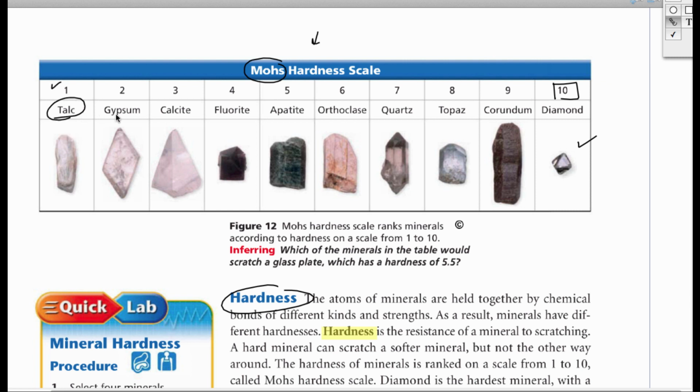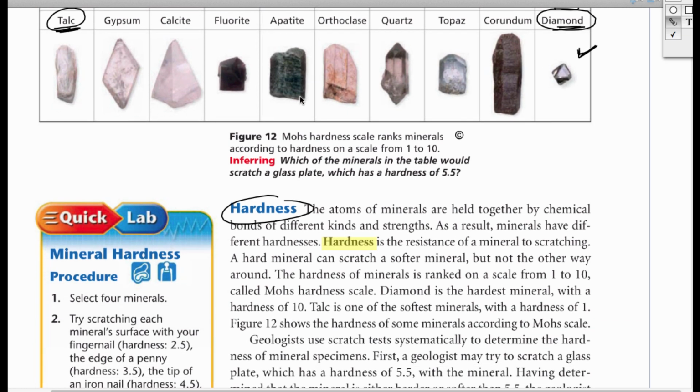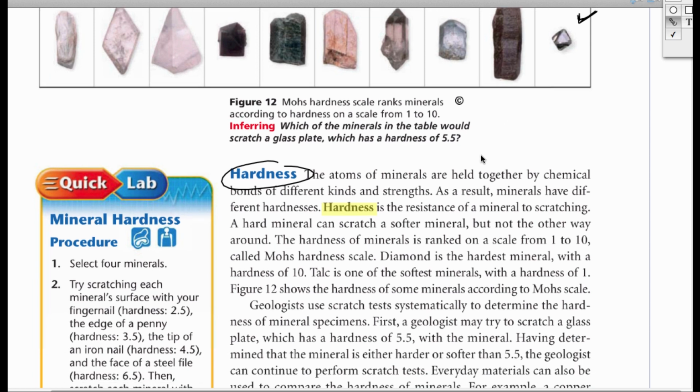You should know that talc is one of the softest minerals, diamond is one of the hardest ones, and then there's a bunch in between. Talc would be like talcum powder. A diamond obviously can be used in a blade if you want to cut through other rock. This Mohs hardness scale helps us classify the different minerals by their hardness.